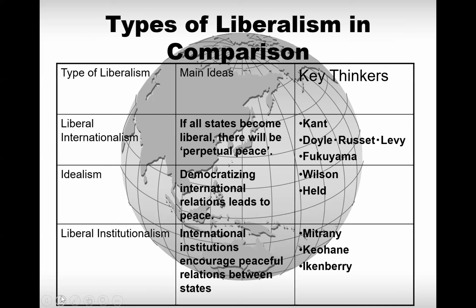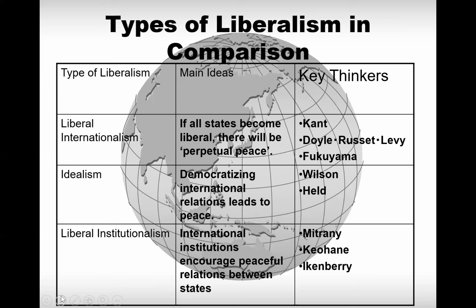Okay, in order to summarize, let us look at these different types of liberalism in comparison. Please note that all these different ideas of liberalism share one idea in common, which is a belief in the universal value of liberty and a belief that an ideal world will be a liberal world, or a liberal democratic world.